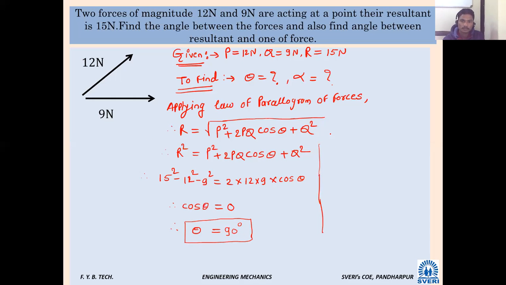Alpha. Q sin theta over P plus Q cos theta.